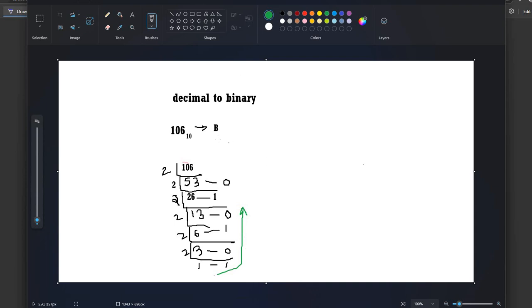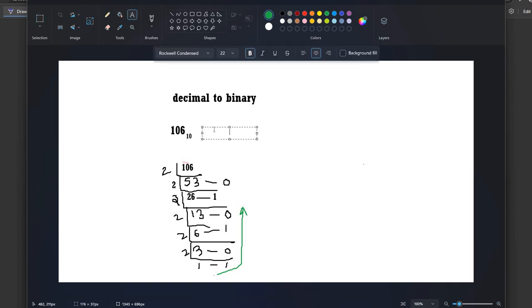What will be the answer of it? The answer will be 1101010.